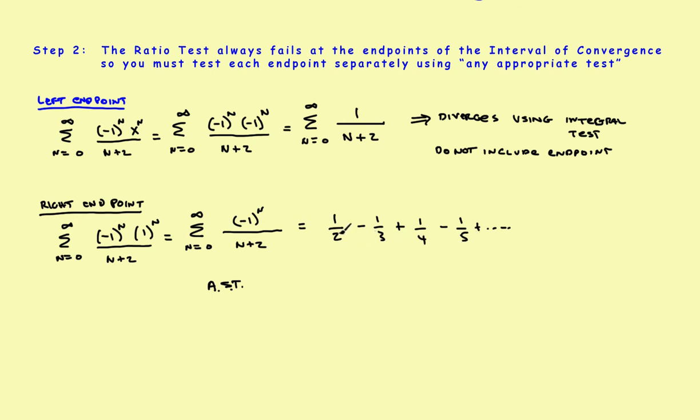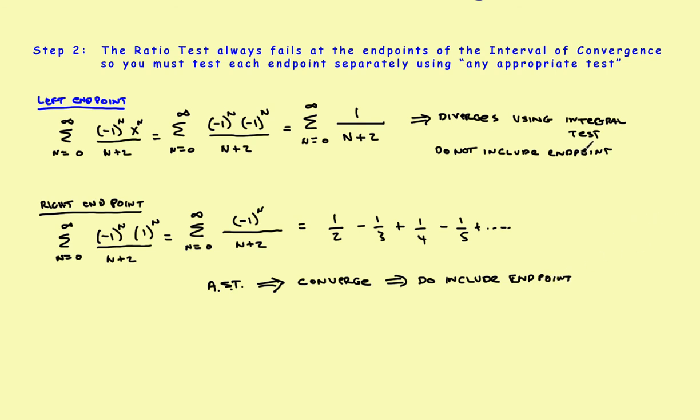And the limit of the series has to be approaching 0, which it is. So this series passes both parts of the alternating series test, so you can use the alternating series test to show that this series is going to converge. So at the right endpoint, it converges, which means that you do include the right endpoint. So you include the endpoint on this one.